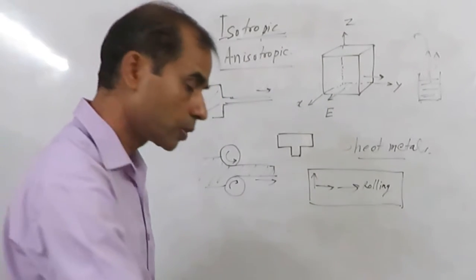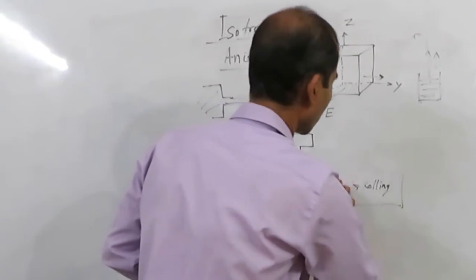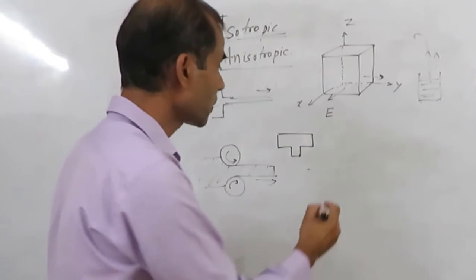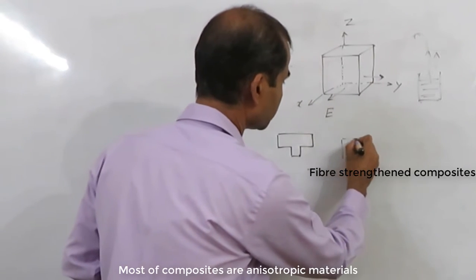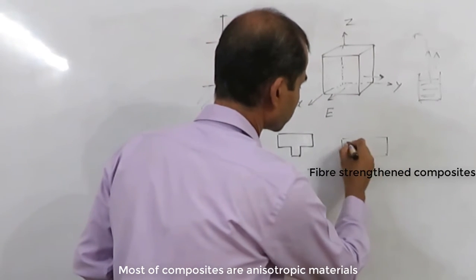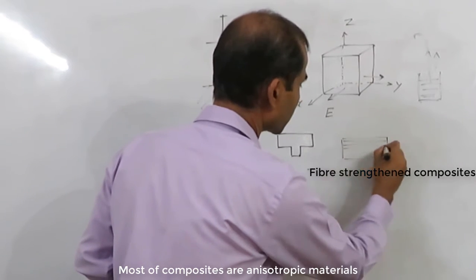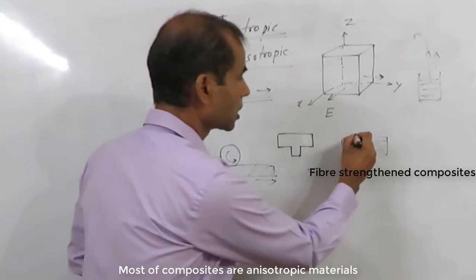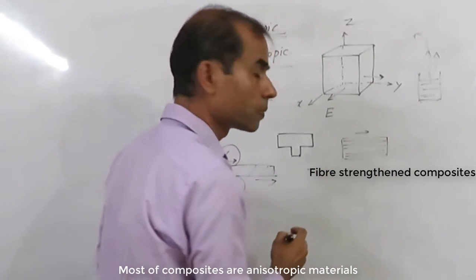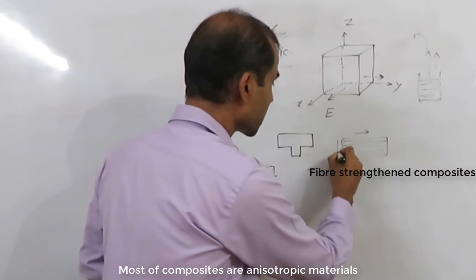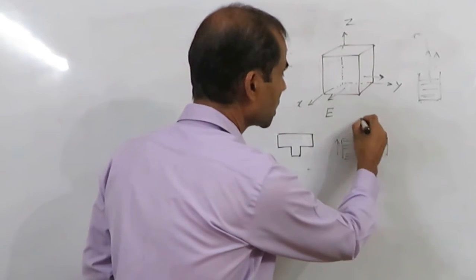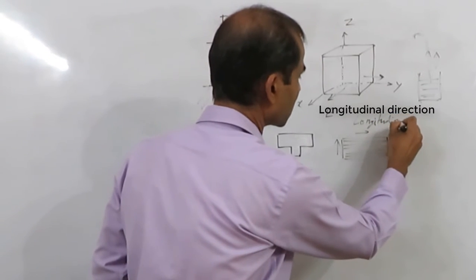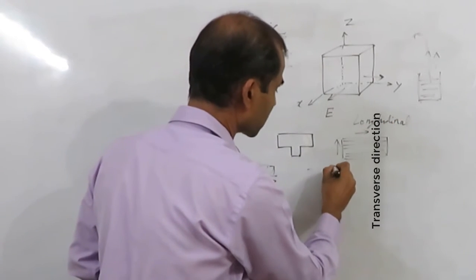There is another method which we use for manufacturing, which is making composites. So if we are making a composite and we have aligned the fibers in this direction, then obviously for this material the properties in this direction will be very different from properties in this direction. So this is called longitudinal direction, and this is called transverse direction.